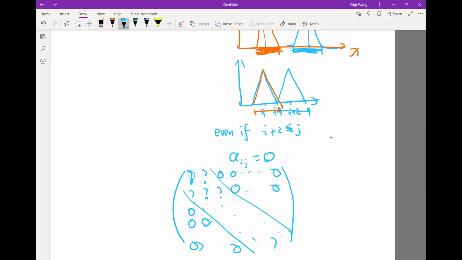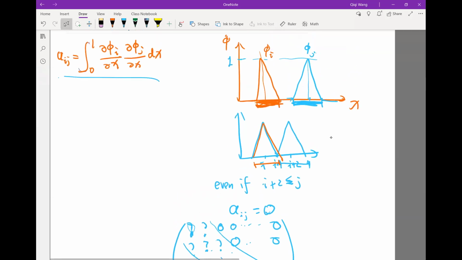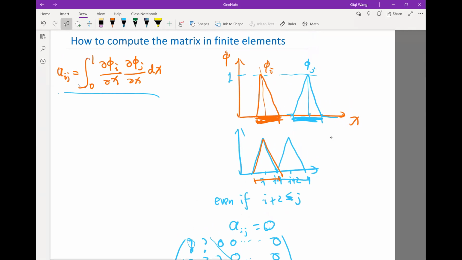So we only need to focus on the case where the basis functions are either i equal to j, or i and j are only one node apart. Let's figure out the cases.